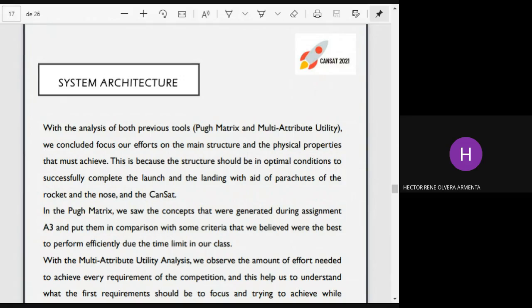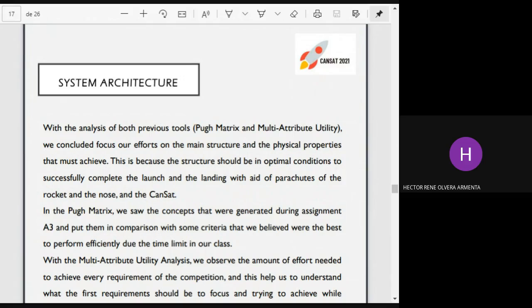Why? Because the main objective is to create this CanSat, launch it, and bring the science payload safely to the ground after the launch.